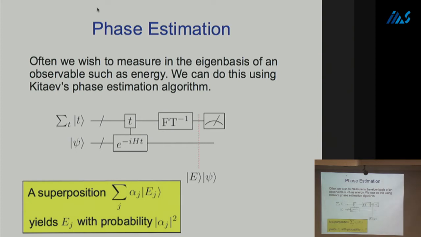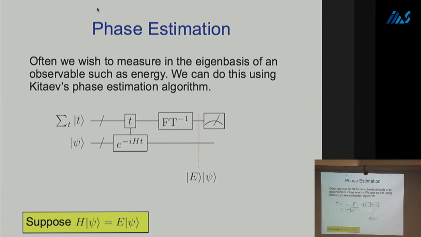Is there a mismatch between the continuous aspect of time in the Schrodinger equation and the discrete aspect in the summation over t? Yes. What you need to do here is choose some number of bits of precision for this. Basically, if you choose this superposition to run over too small a range of t, then it's just like the energy-time uncertainty principle.